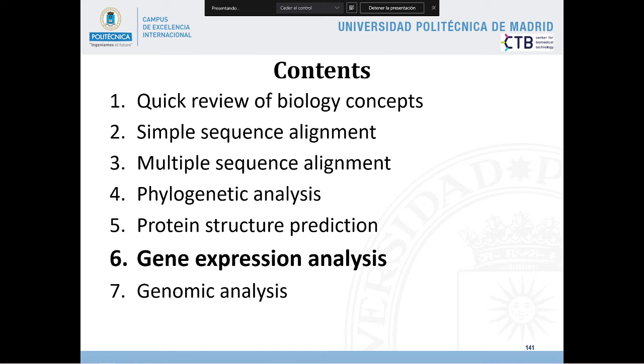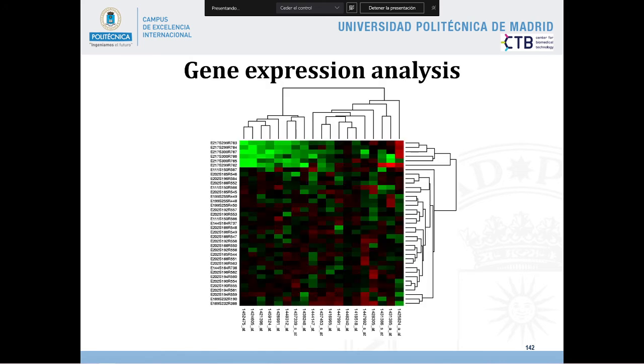So we have an idea of how the gene is overexpressed or underexpressed under some conditions or others. This would be an array of different genes and different conditions, or rather different transcripts of a gene, and we see how they are related to each other.